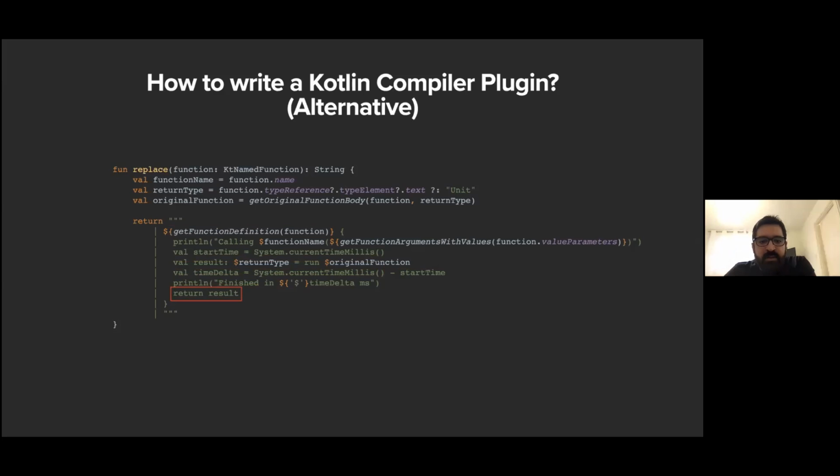And the good thing about this as well is that the people from Arrow Meta say that the same kind of code, the same plugin that you write with them, is going to work for all of the platforms that Kotlin supports. So I think it's really cool. This is an alternative right now.